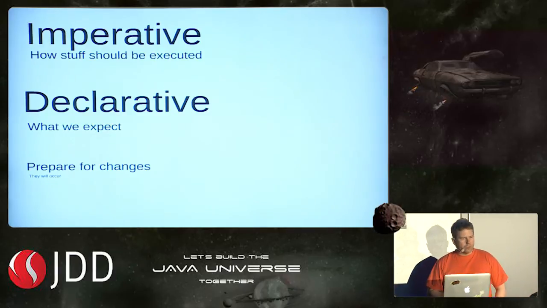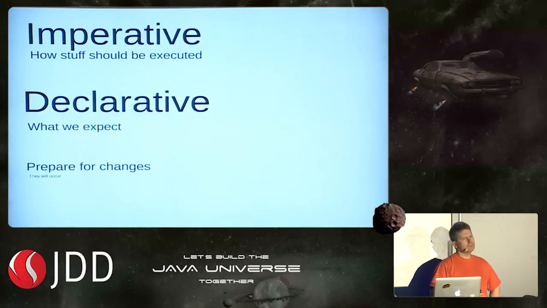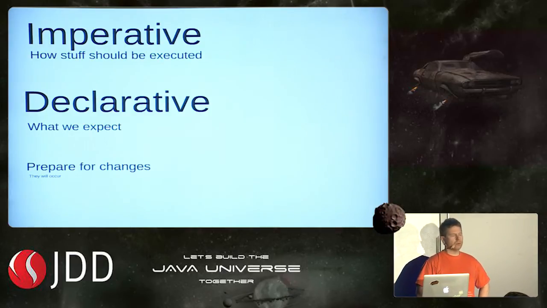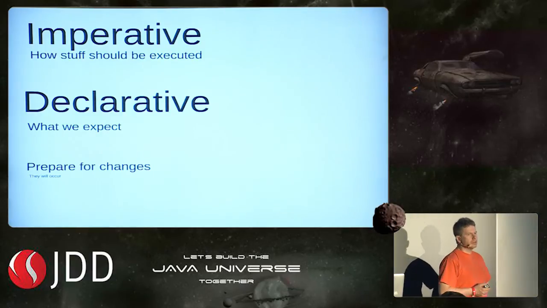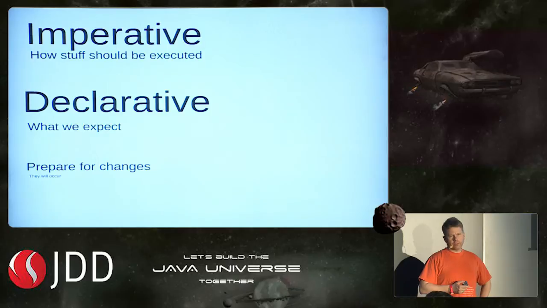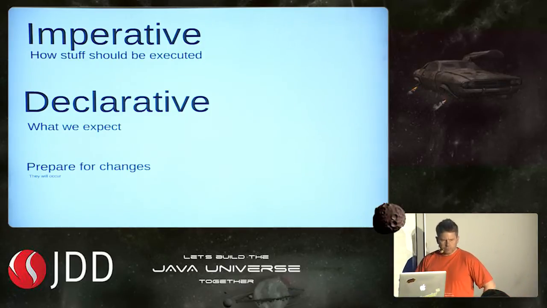Declarative, we define what we expect and nothing else. Pretty much as SQL. If you write a SQL statement, you don't really know how it will be interpreted or implemented. You just define the properties that the result set should have. So that's a case where we use declarative quite often.